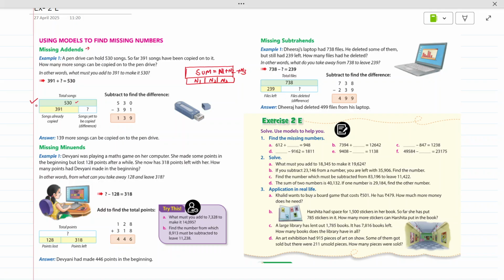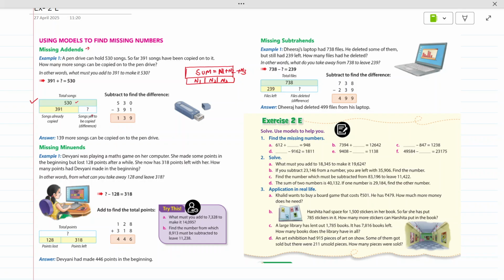Since we know the total capacity of this pen drive is 530, we will draw a model like this, and the total capacity, the total sum, is in the upper part. So we will write down 530 here because it is the total capacity this pen drive can hold. Now in the lower part we have two numbers. 391 is the first number given to us, and the second number is the one we have to find out.